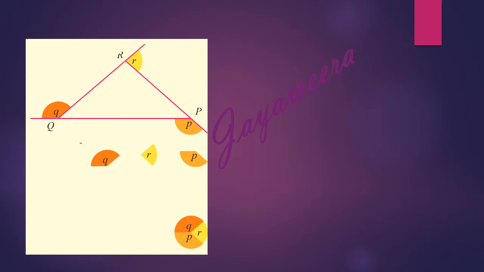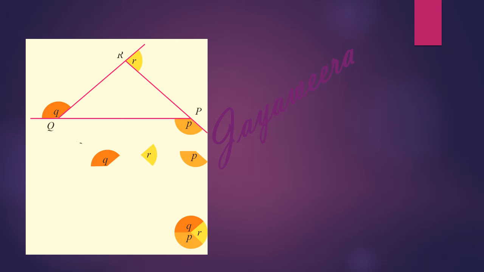Now we'll do this activity. You can draw a triangle PQR, then produce the sides. Then you will get exterior angles as simple P, simple Q and simple R. Then you can cut all three angles and paste.